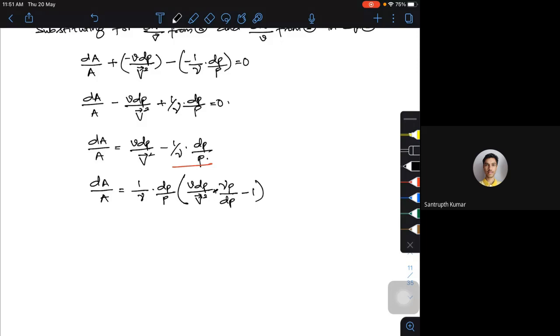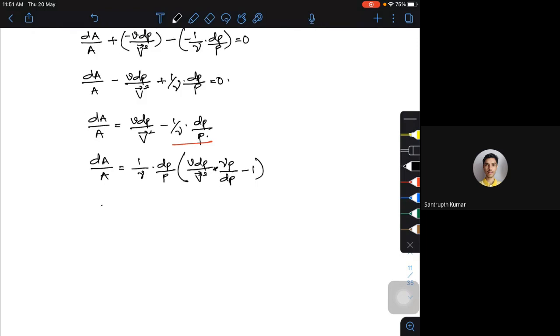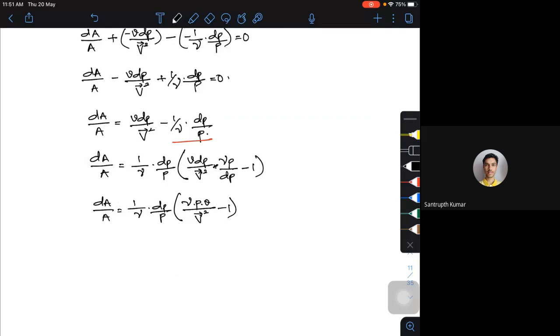Further, dP goes off, so this will be gamma P into V by V square. So dA by A is equal to 1 by gamma into dP by P into gamma into P into specific volume divided by V square minus 1. Let me call this equation number 9.